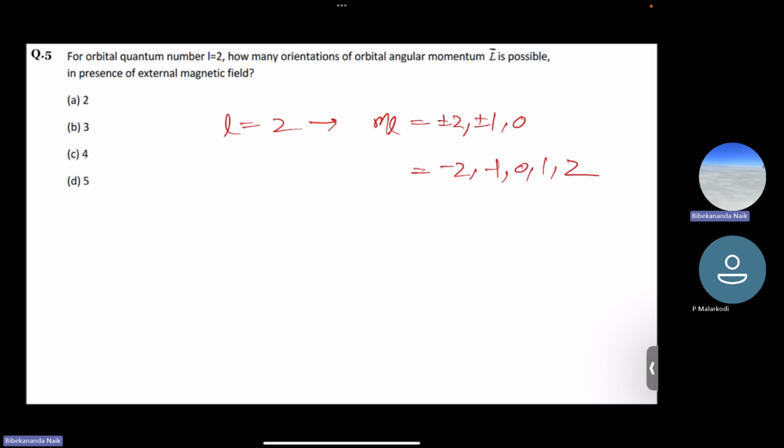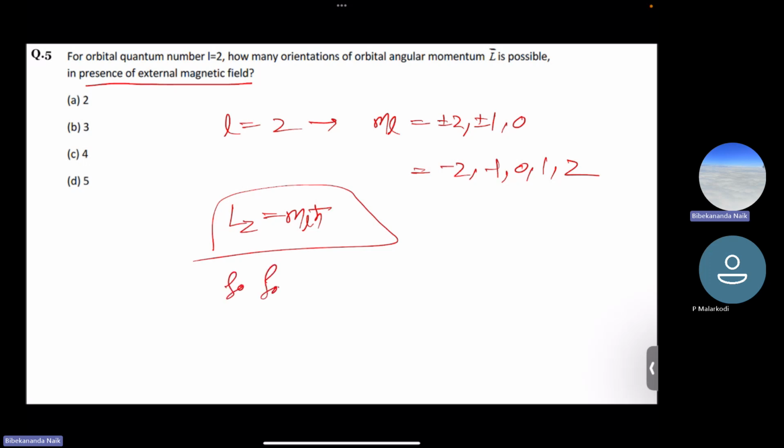And we know when we talk about the possible orientation of L vector in presence of external magnetic field, we take the component of L vector along the magnetic field, which is Lz, that is ML h cross. So for ML equals 2, 1, 0, minus 1, minus 2, we will be having.